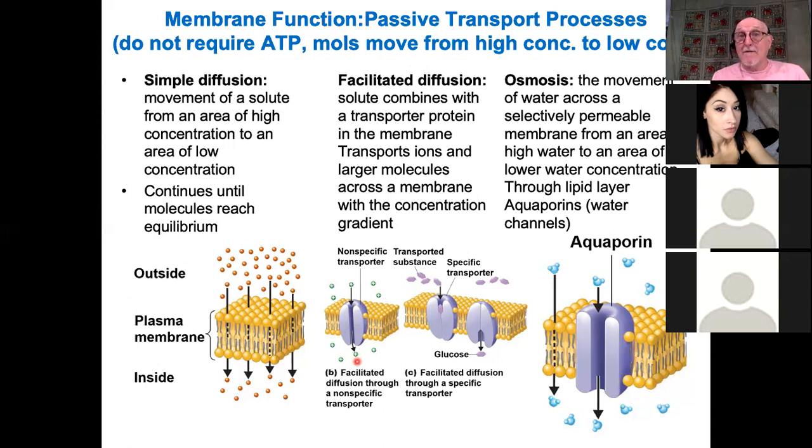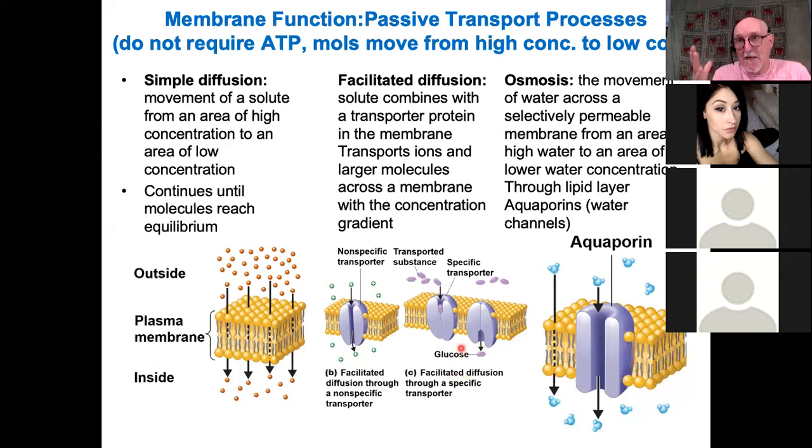But other proteins are designed in such a way that they capture specific substances. So for example, there is a specific glucose transporter. It's still transporting glucose from areas of high concentration to areas of low concentration inside the cell, but it is specific to the substance.